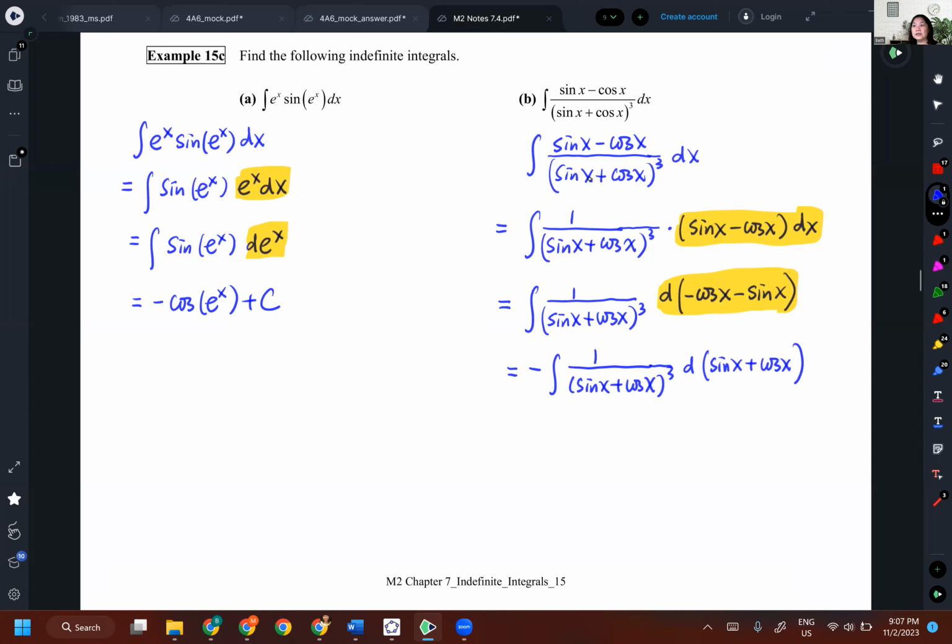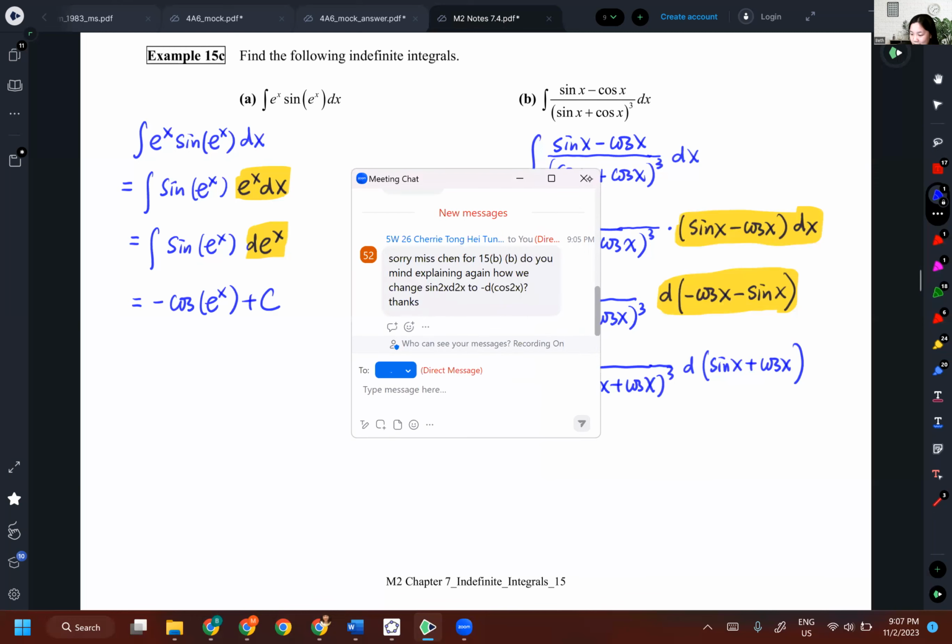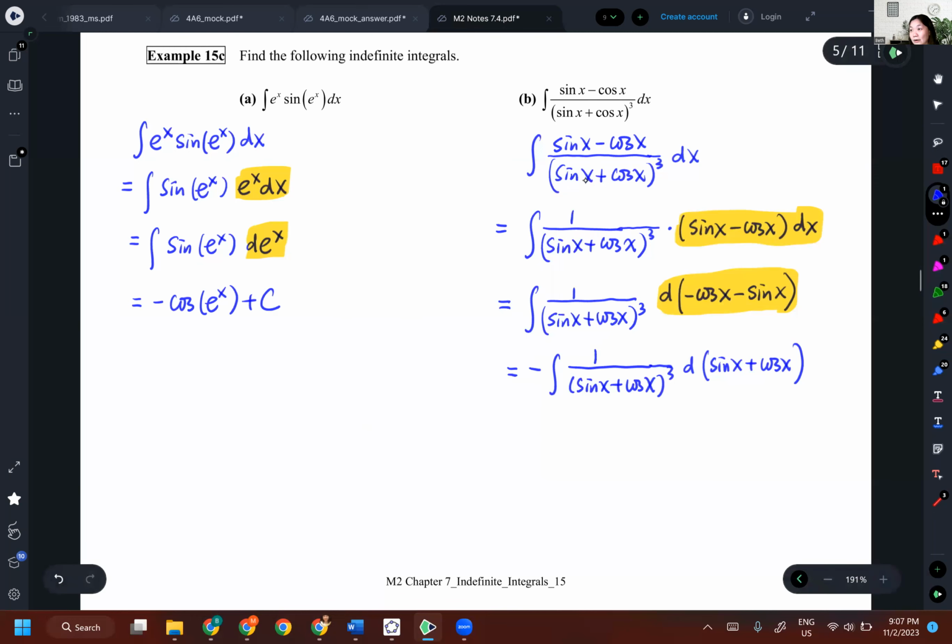You can take out the negative sign. Have I explained that the negative sign can be taken? I hope so. Because you can see it as another substitution. Okay, and then you can use the power rule.